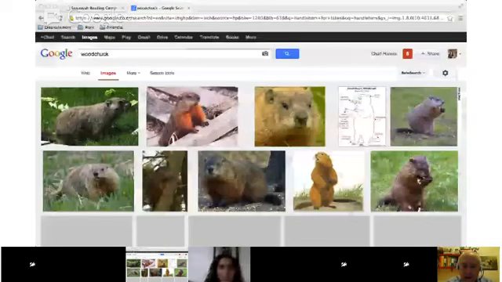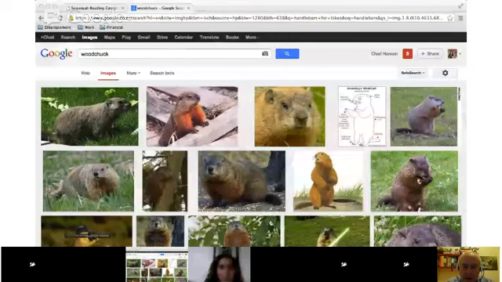A woodchuck is an animal. This here is a woodchuck, and it mainly eats wood.